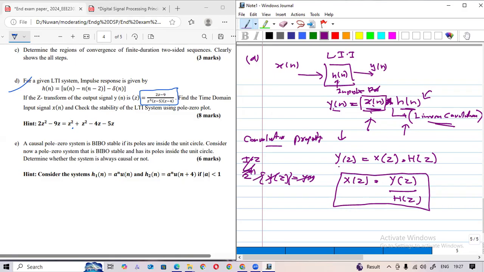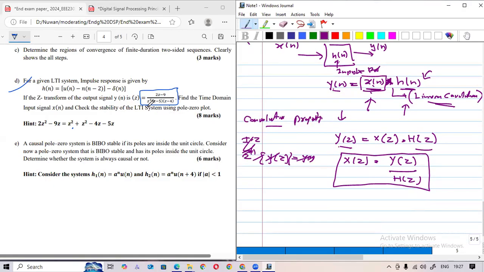In the same manner, now you are given Y(z) and H(z), no? Actually, Y(z) is directly given, but H(z) is not given. Here the samples are there. So what is the h[n] actually?